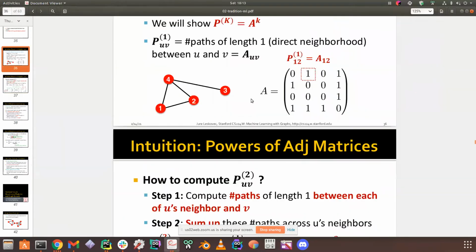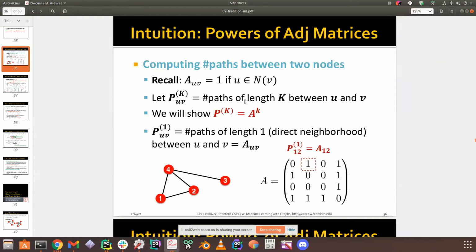Yep. So, oh yes. It's discounting the number of paths between two nodes, and the P_UV^(K) term is basically the number of paths of length K between the two nodes.